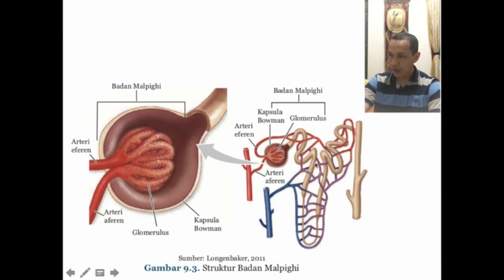Then it continues to this U-shaped tubule, which looks smaller. This is what we call the loop of Henle. From the loop of Henle, the future urine continues into the distal tubule.